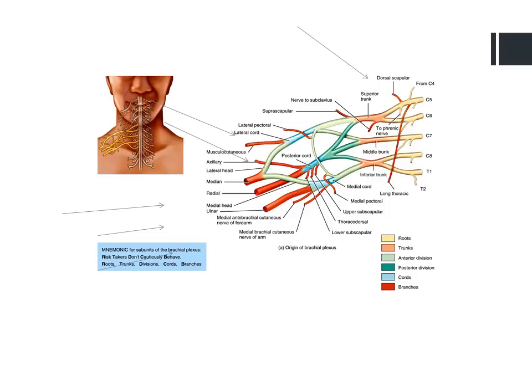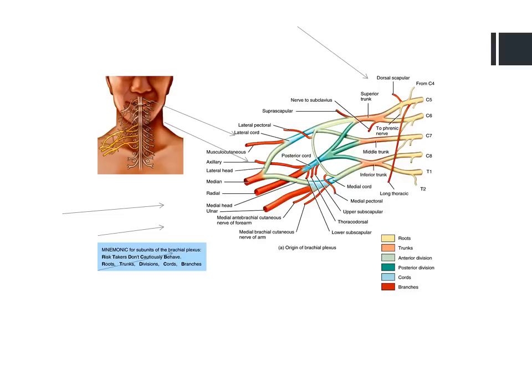Now, after the nerve roots come off the spine, the nerve roots of C5 and C6 join together, or fuse. The nerve root from C7 continues unfused, and then the nerve roots from C8 and T1 fuse. Those form, in sequence, the superior trunk, the middle trunk, and the inferior trunk.